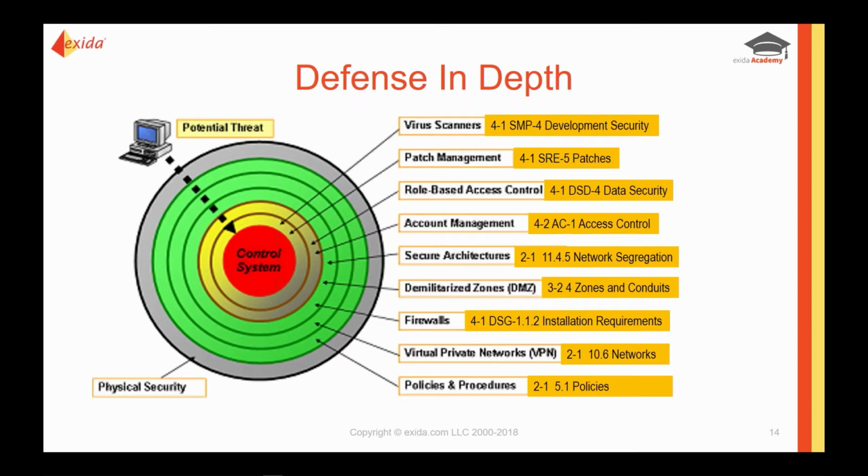But you can go through establishing, as you go basically bottom up in this picture, policies and procedures being put in place. If you have networks that are set up, private networks and good network segmentation, obviously you have firewalls, perhaps some demilitarized zones. If you've developed a secure architecture, you've built security considerations into your system. Certainly account management and role-based access are all key parts of providing security for an environment.